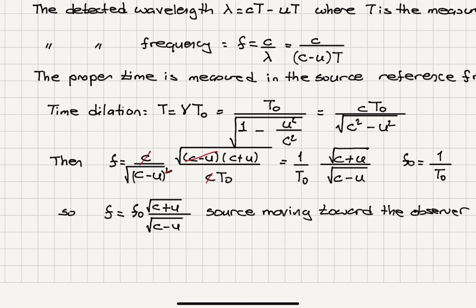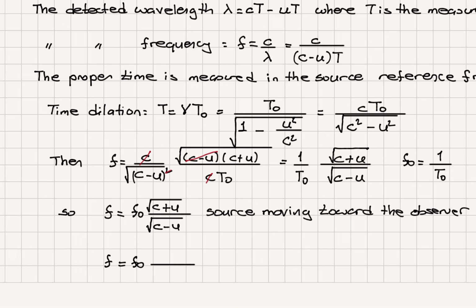And if the source is moving away from the observer, the plus sign and minus sign will change. So we're going to replace them by minus and plus. There's going to be a decrease in the frequency.